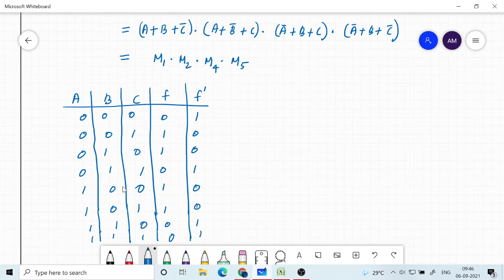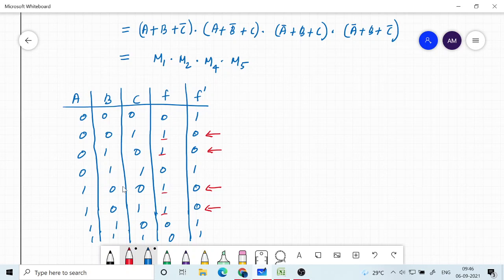Right? Now, if you want the canonical SOP form, we look at these ones, and if you want the canonical POS form, we have to look at these zeros in the F.